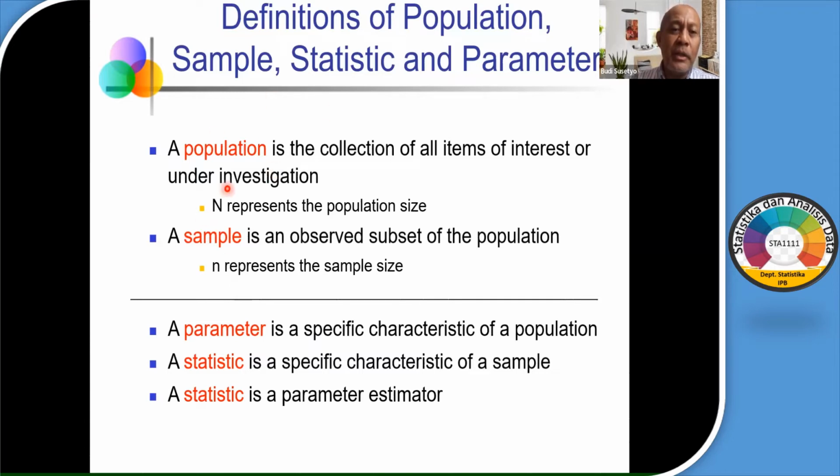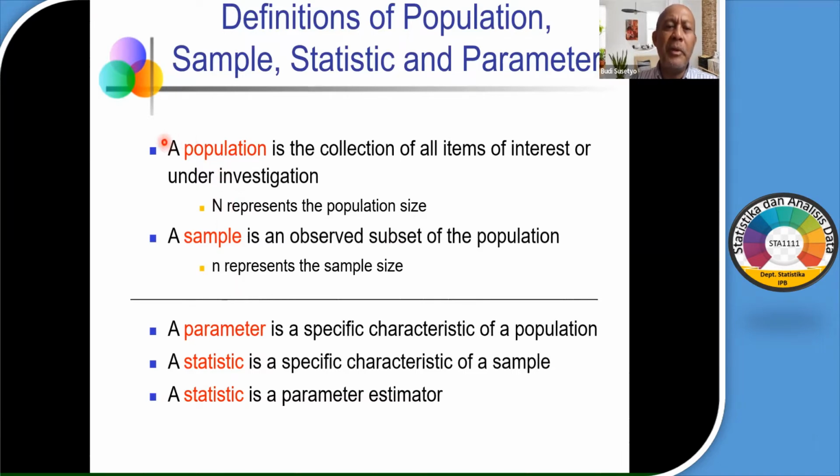So normally in statistics, we give a symbol with a big N for population. The sample is with small n. If big, that means this is population. If small, this is the sample. This is just only a symbol.